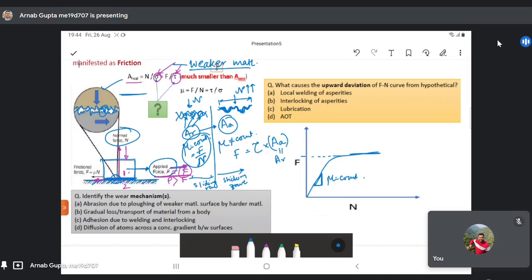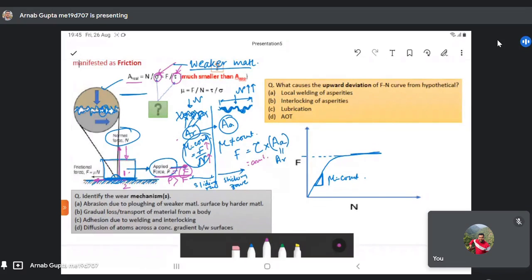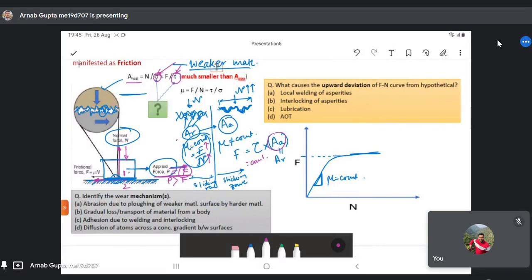So anyway, you can write it as tau into A subscript a. So this is a constant here. However, in this case, as N increases, F also increases, because as N increases, the real contact area slowly increases, and as a result F also increases, in a proportionate manner so that mu is equal to a constant.